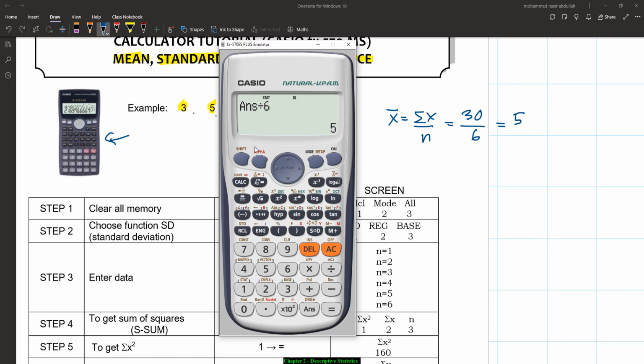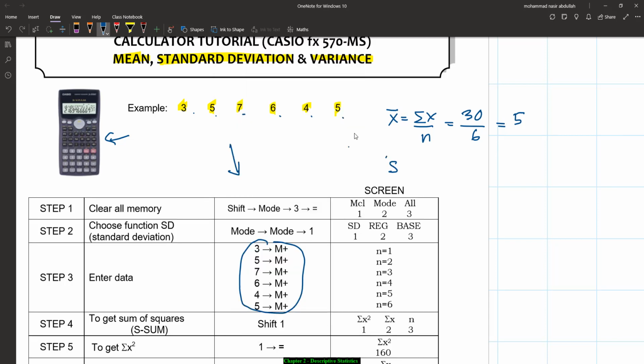Otherwise, another one, let's say you want to find variance. 1 divided by n minus 1, multiply with summation of x square minus summation of x, squared, divided by n. This is how we find the variance.